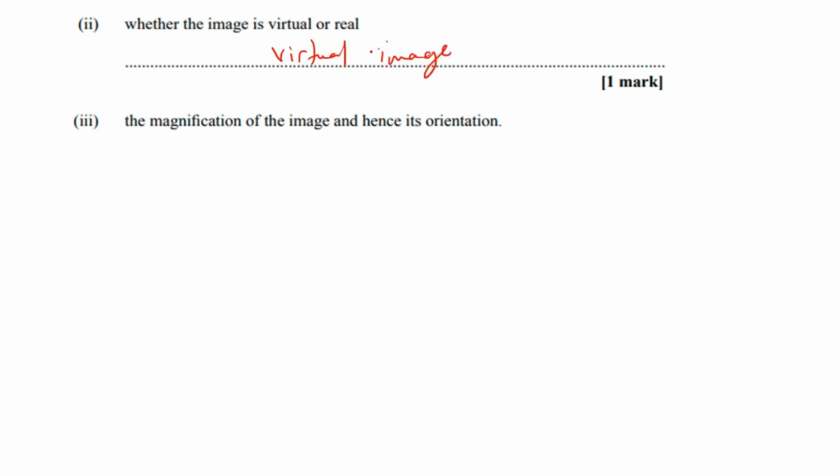Virtual image. And if they then ask you to calculate the magnification, magnification is equal to V upon U. Remember now, we can just go ahead and put the negative 36. The negative just tells you that the image is a virtual image.